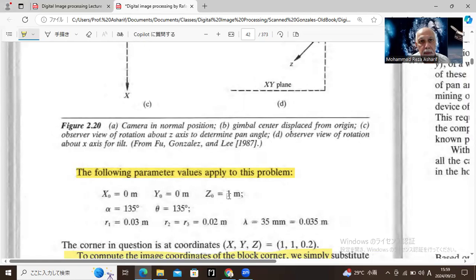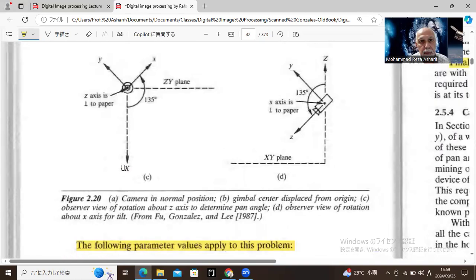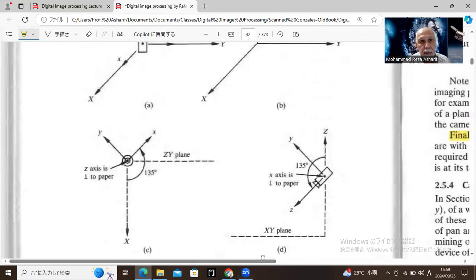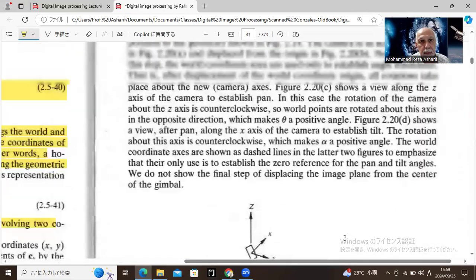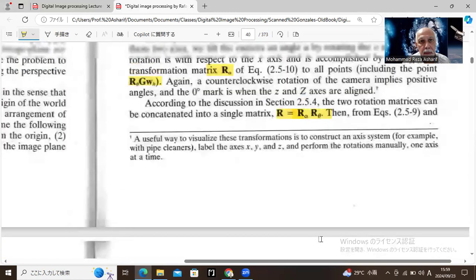But Z0 is 1 meter far from the camera. And alpha, tilt, and one is tilt, one is the other one. These two, I should tell you.